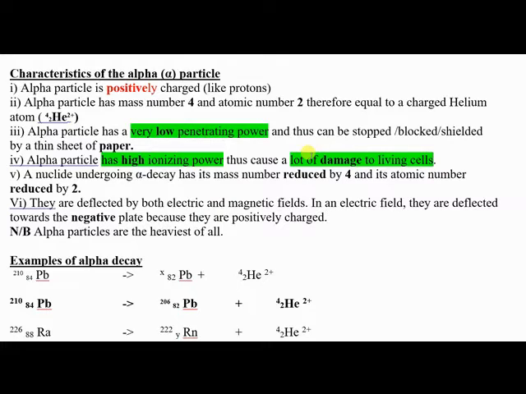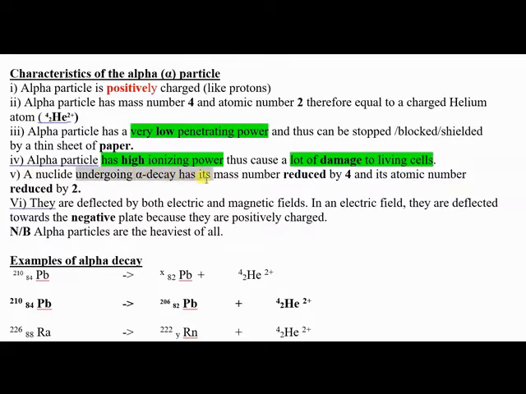Actually, they use gamma, because gamma has a very low ionizing power, as we shall see later. Very important to note that alpha particle has a very high ionizing power, thus causes a lot of damage to living cells.